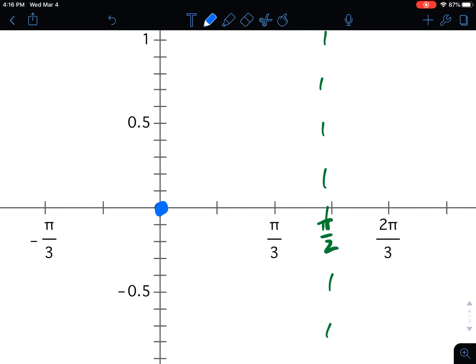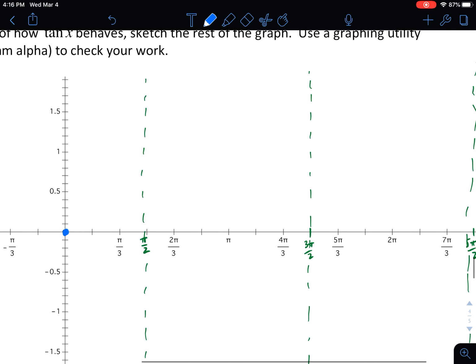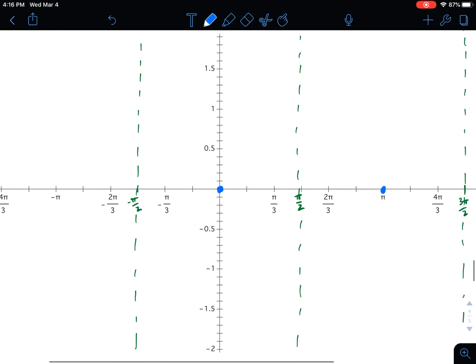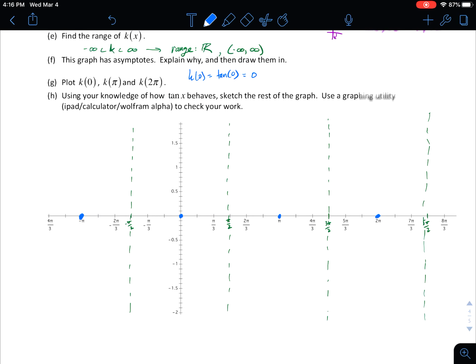So I'll drop in that point (0, 0). And the same is true for pi and for 2 pi. The same is also true for negative pi. So we have the zeros of this function. Now use your knowledge of how tan x behaves to sketch the rest of the graph. Use a graphing utility to check your work.